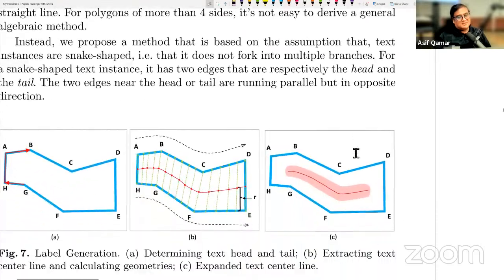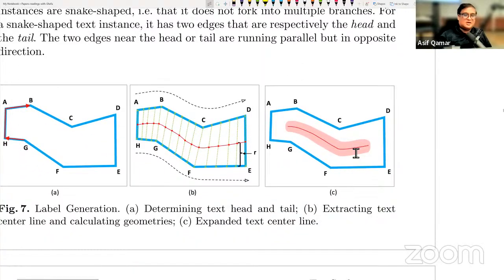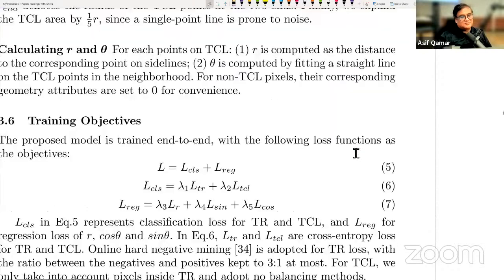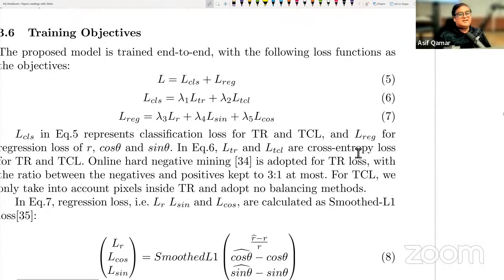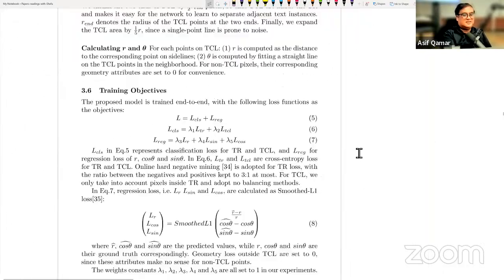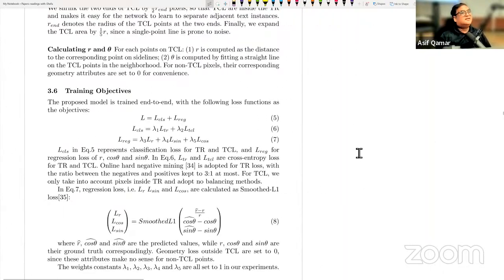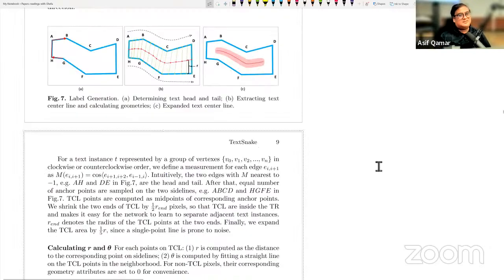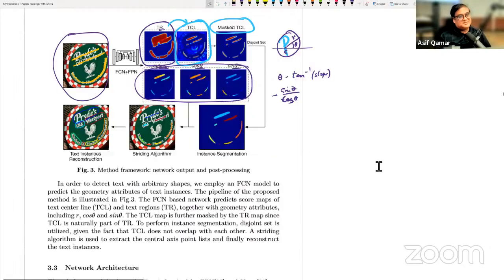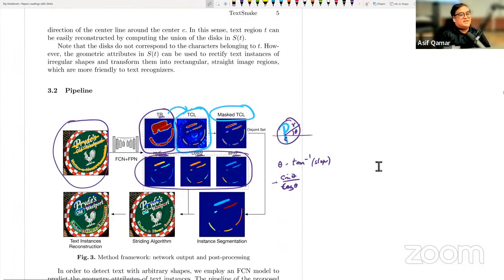Now, there are some more geometric arguments it makes and so forth. I won't go into it, but let's look at this problem, and then I'll go into the network architecture. They're saying that this is made up of a loss function that is a classifier loss and a regression loss. What does a classifier loss do? What is classification? Let's go back to this picture and try to figure out what is classification.